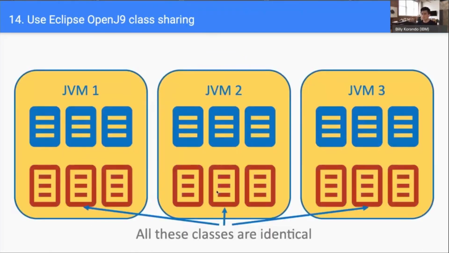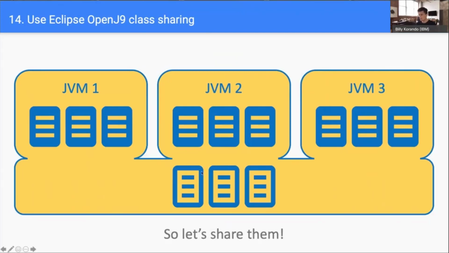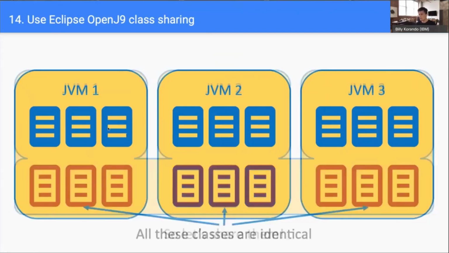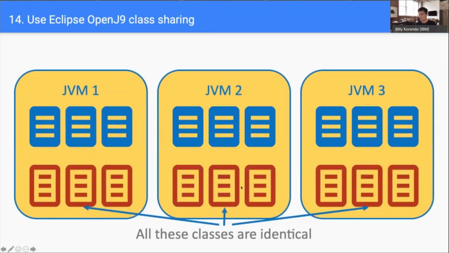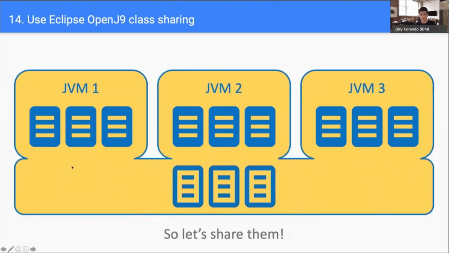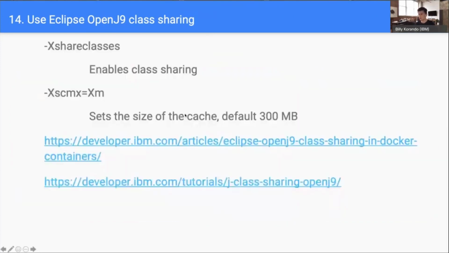When you see it across many JVMs, you can see where this advantage comes into play. Instead of every single JVM recreating this identical information when it spins up, you can just share it across them, and that can save a lot of CPU and also startup time. It can be simply started by adding -Xshareclasses and setting how big the default cache size is.